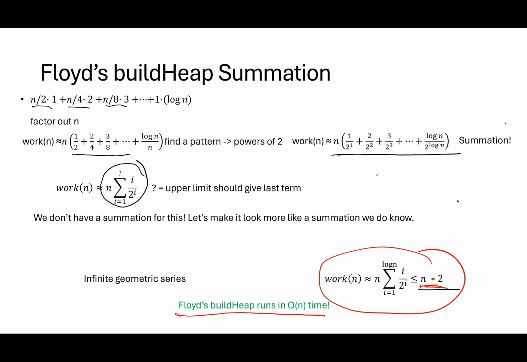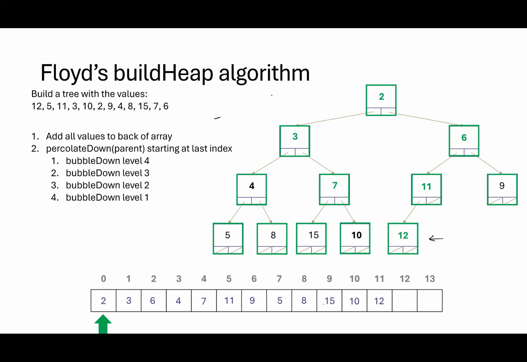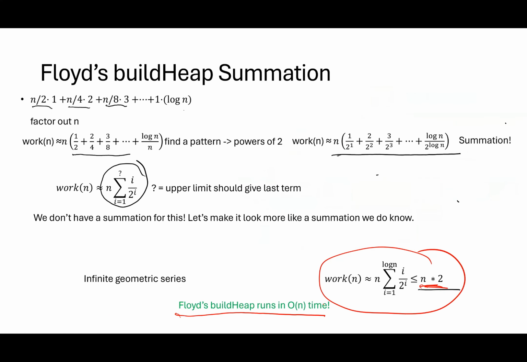It wasn't very intuitive at the beginning, because we are building a tree, adding n nodes, and adding a node looks like it takes log n, since the height of the tree is log n. But we did it very cleverly. We made most of the nodes work less, and that way this algorithm now runs in order of n time. So Floyd's build heap algorithm runs in order of n time.